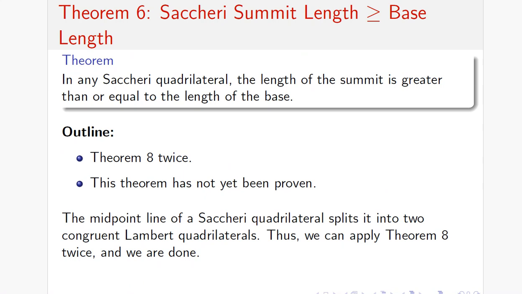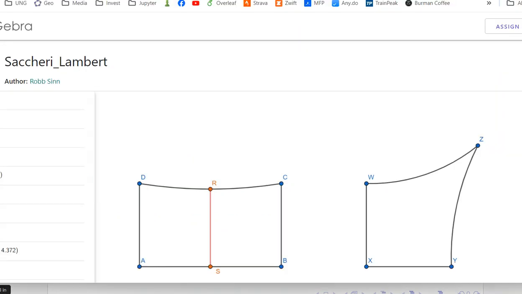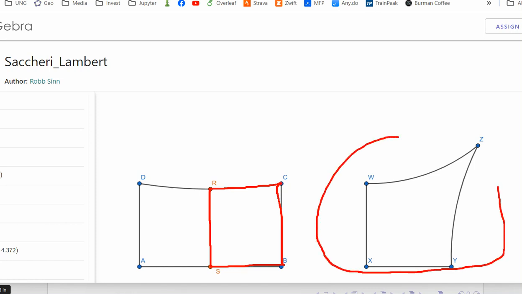And it turns out, jumping back into this picture, that the Saccheri quadrilateral, if I have that midpoint line RS, the right side is a Lambert quadrilateral. And so is the left side. So they're kind of mirror images, and you can prove that the right side of a Saccheri quadrilateral is congruent to the left side.